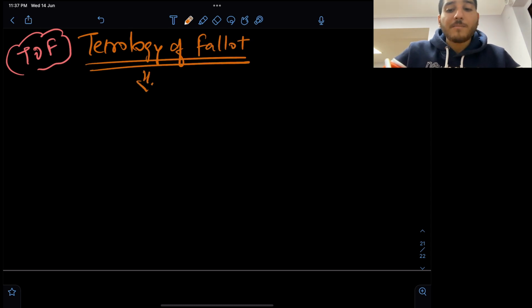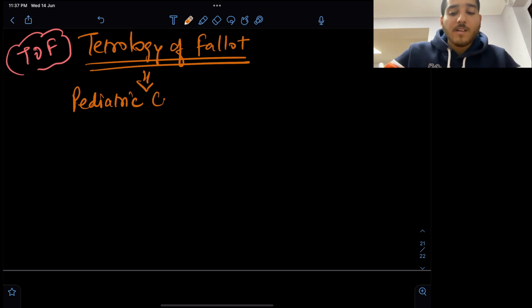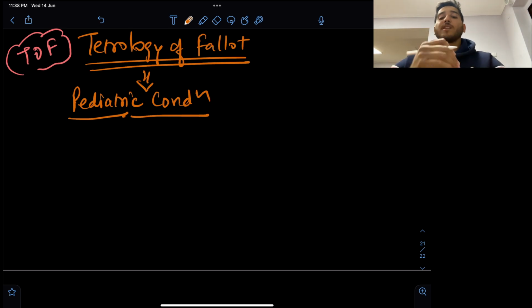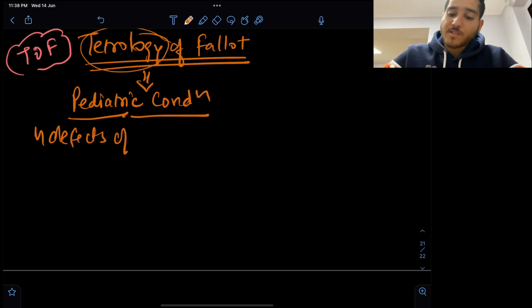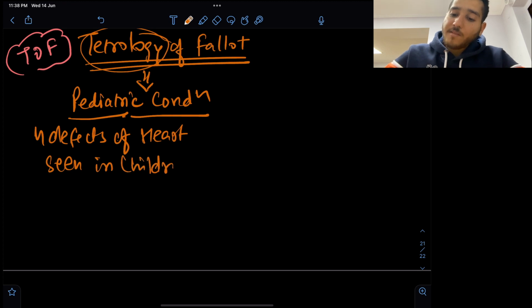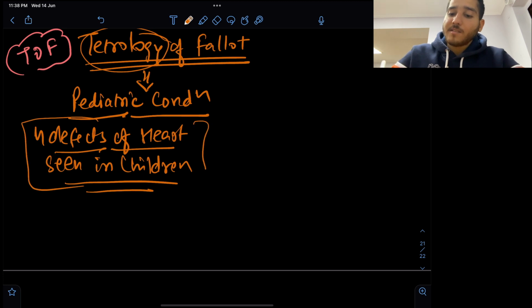So this is a pediatric condition usually. So what are the four? See, this is tetralogy. Okay, so there are four defects of heart, defects of heart seen in children. If any children with these four defects present, we call them tetralogy of Fallot, right?